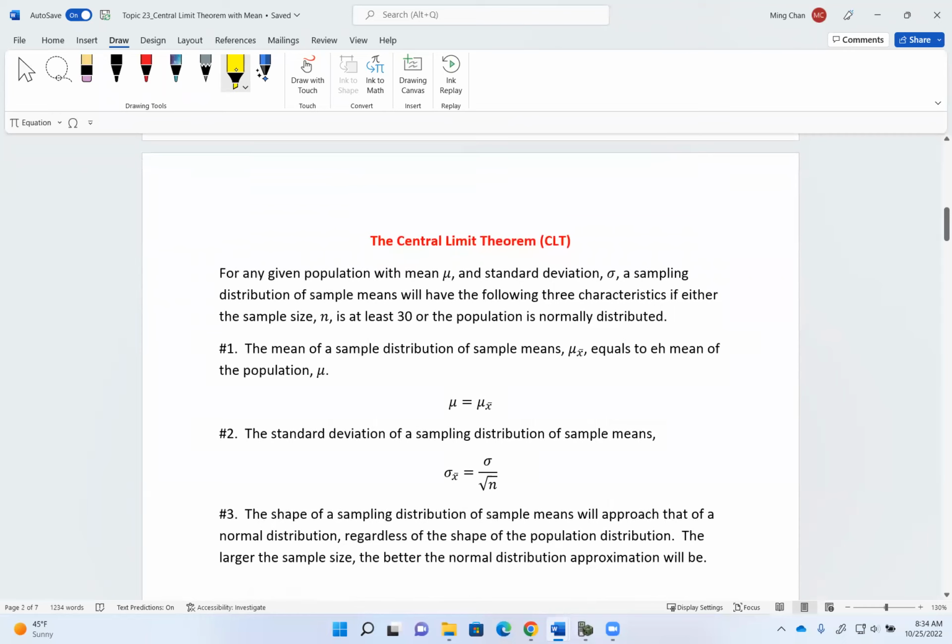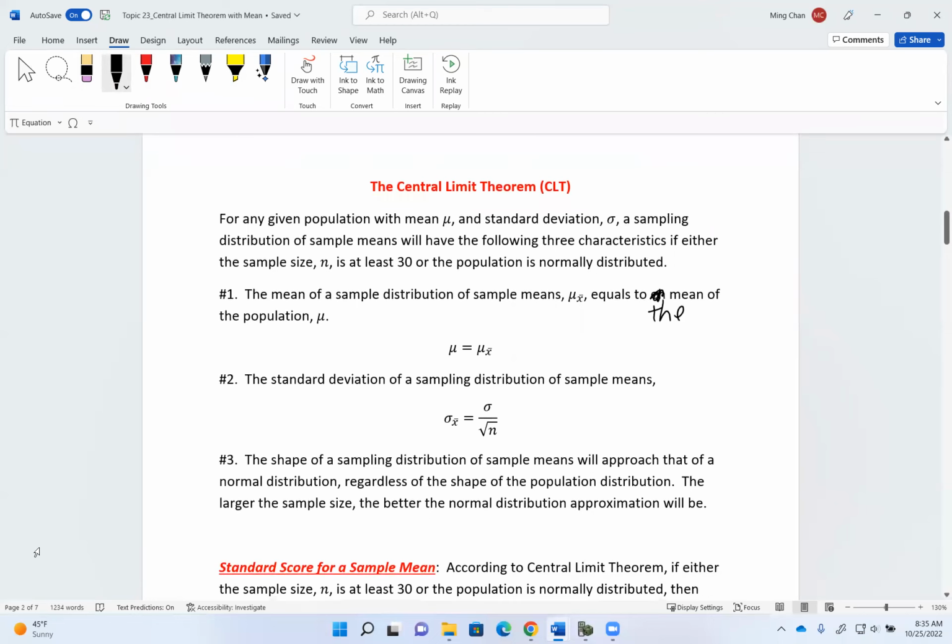This sampling distribution is a different type of distribution, a distribution of your sample means. The mean of a sampling distribution of the sample mean, mu of X bar, will equal the mean of the true population, mu.